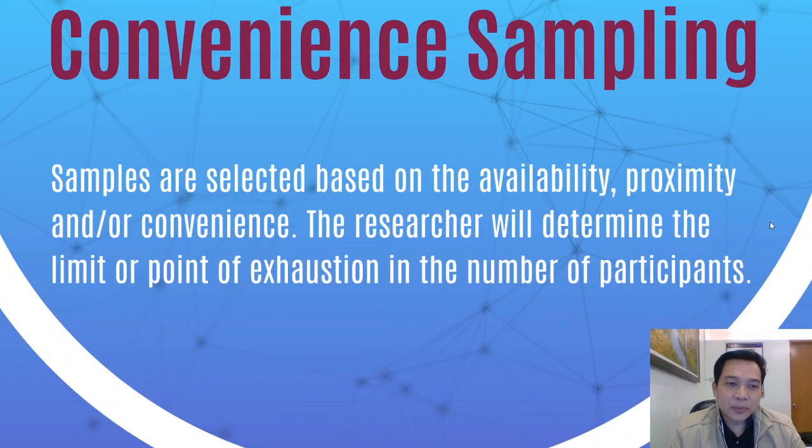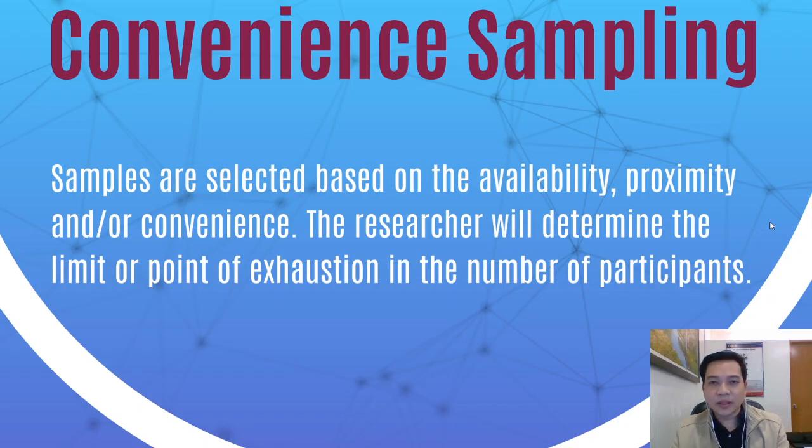In this kind of sample, you will notice that samples are selected based on their availability, their accessibility, or even, as the word implies, convenience. The researcher will determine the limit or the point of saturation or exhaustion, when to stop.